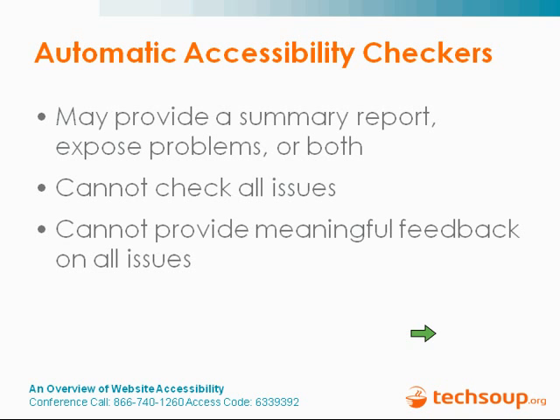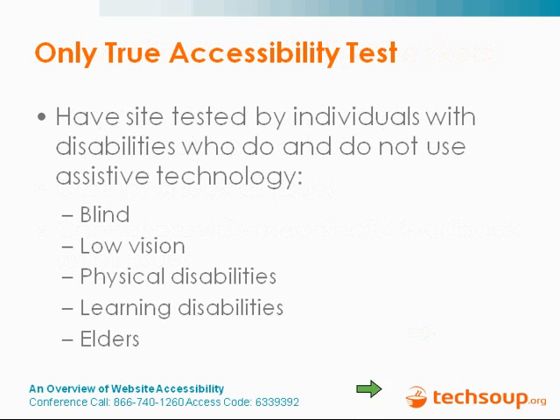So the very best way to check for accessibility, the only really true, comprehensive accessibility test, is to have your site tested by individuals with disabilities who do and do not use assistive technology.